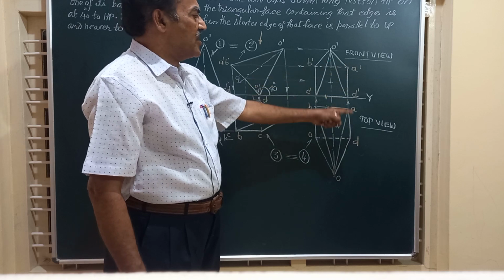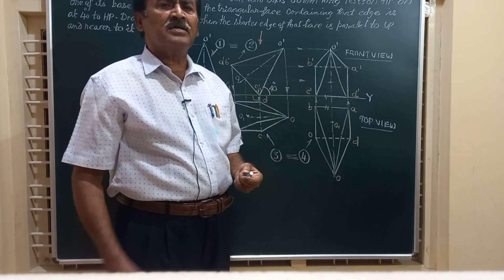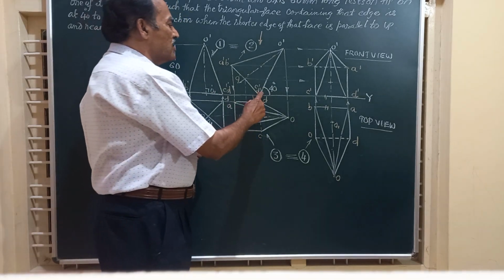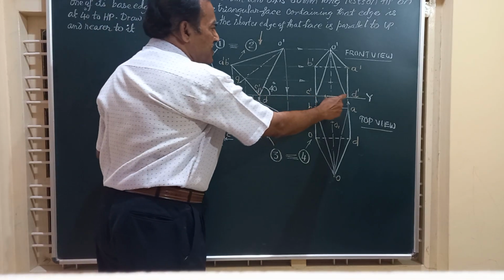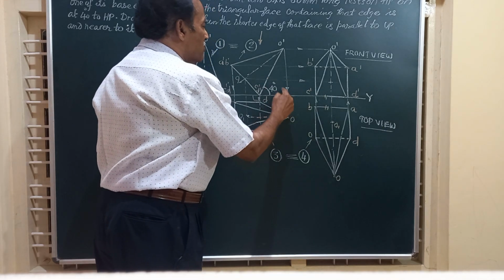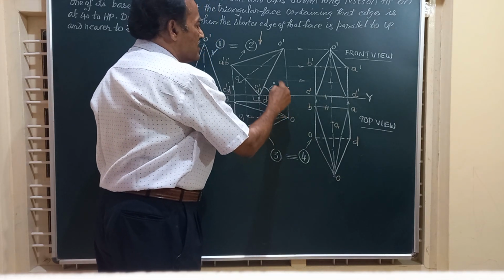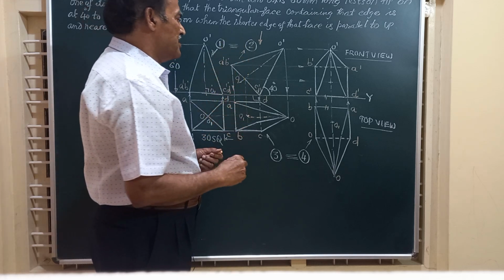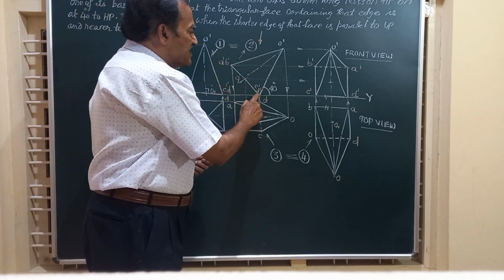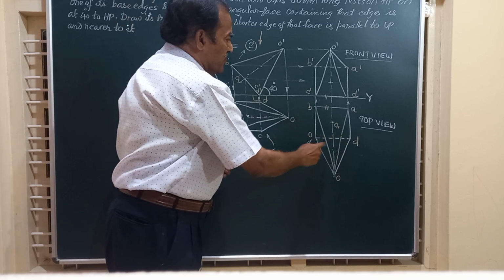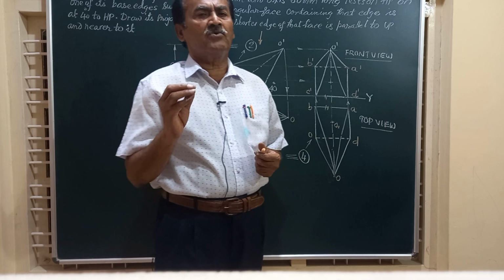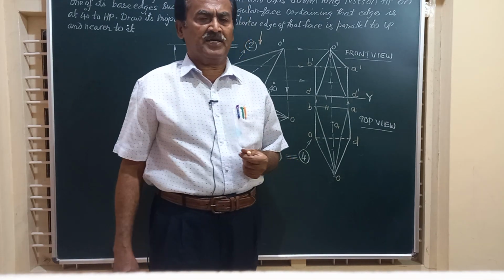So this front view and top view will represent the projections of the square pyramid which is resting on one of the base edges on HP with that particular triangular surface at an angle of 40 degrees to HP and the side on which it is resting is parallel to VP. Hence, this gives the complete solution for the projection of this square pyramid.